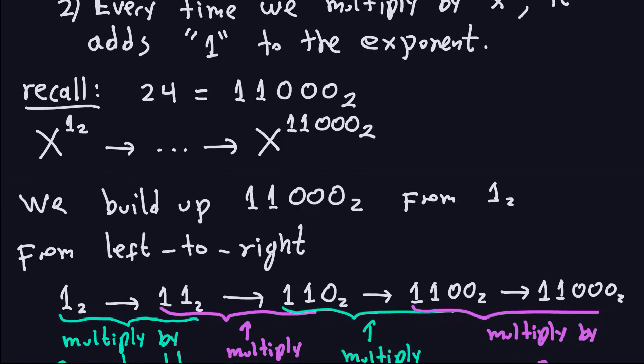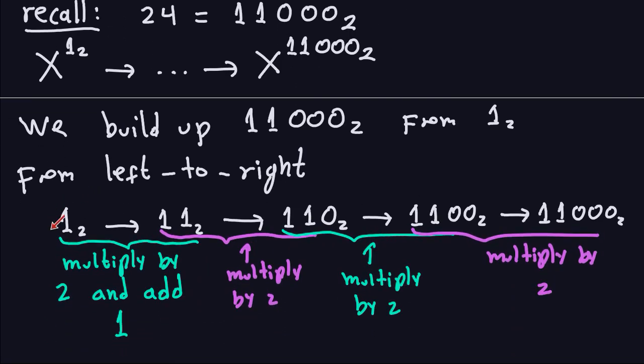So if I add a 0 at the end and I add a 1, I obtain the next digit. That's why we multiply by 2 and add 1. Multiply by 2 in the exponent means square, and add 1 to the exponent means multiply by x. That's why whenever you see a 1 here, that's what you need to do: square and multiply.